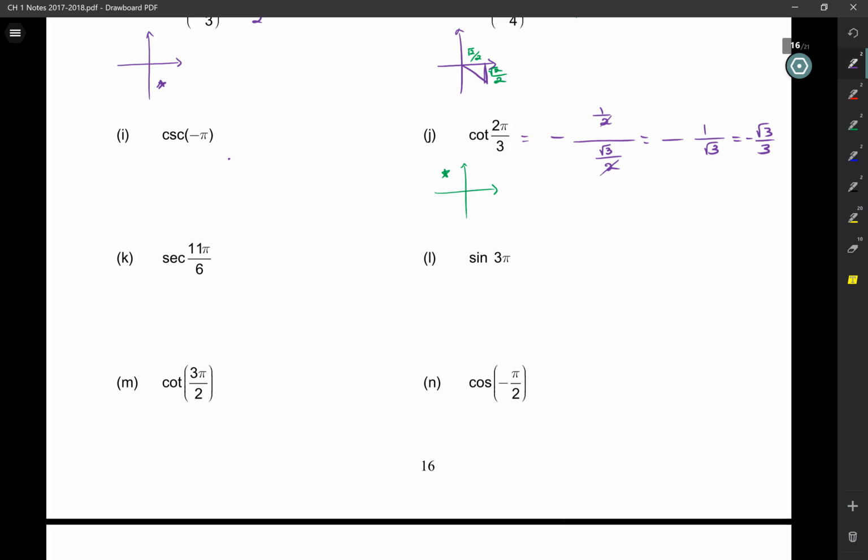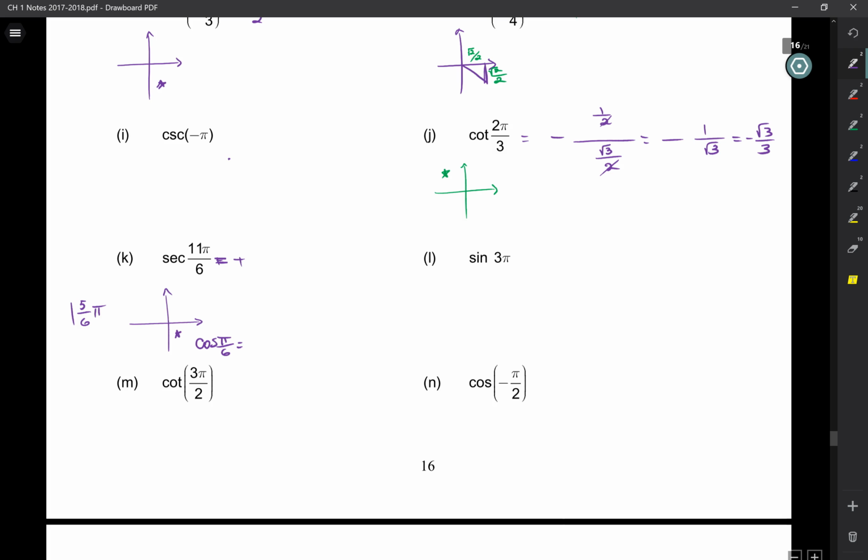Okay. So 11 pi over 6 is 1 and 5 over 6 pi. In what quadrant is that? Fourth. Secant is like cosine. Is it positive or negative there? Positive. Now, secant is the reciprocal of the cosine. So let's talk about cosine of pi over 6.